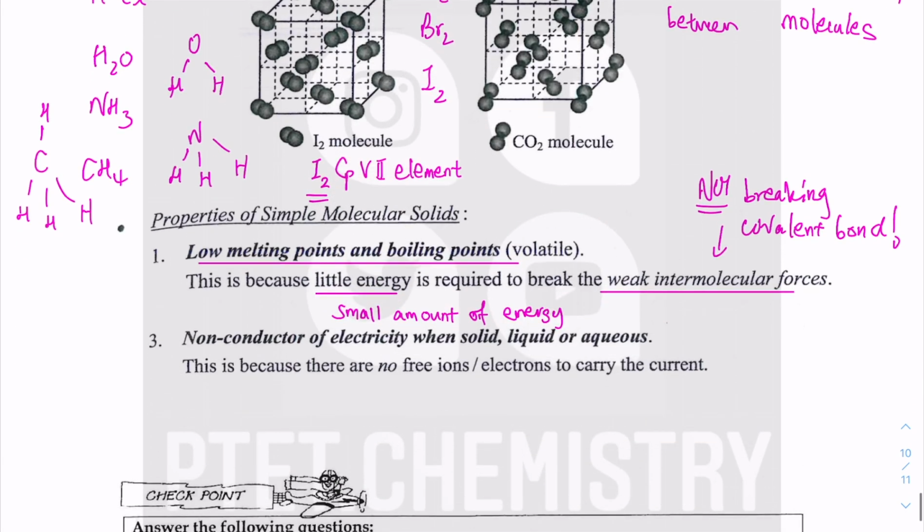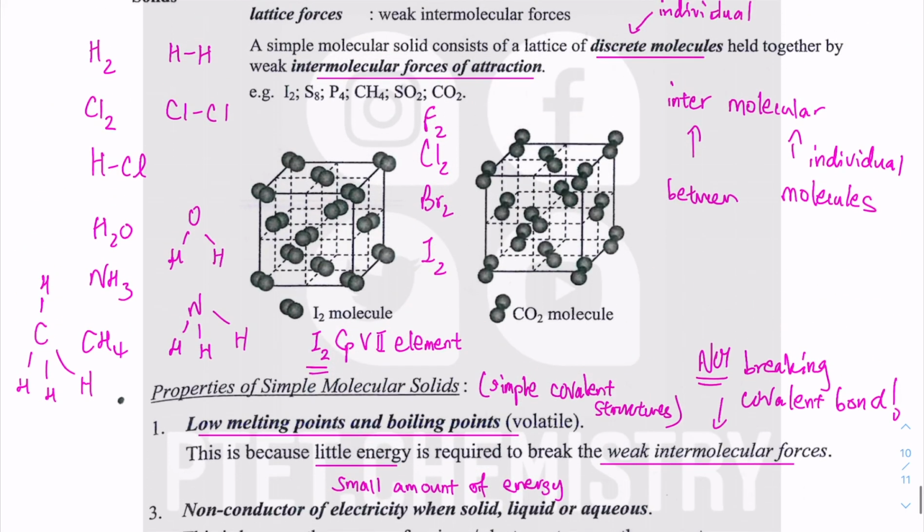Just like for ionic compounds, we talk about conduction of electricity. When we think about simple molecular solids or simple covalent molecules, they can ask you about simple covalent molecules, of which your syllabus specifies a couple, and you've got to know every single one stated in the syllabus: H2, Cl2, HCl, H2O, NH3, CH4, whatever they stated in the syllabus.